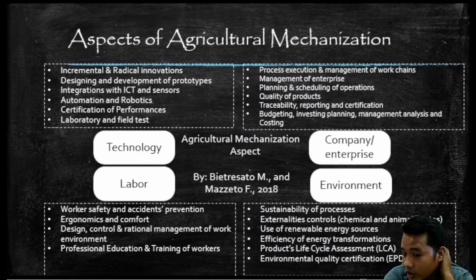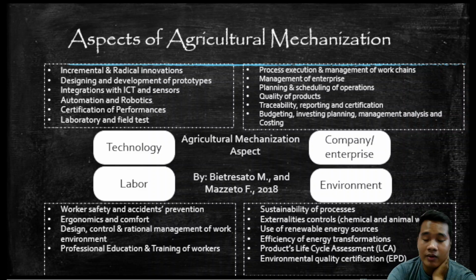Next is product life cycle assessment. Not a single machinery can live forever. There is a so-called product life cycle, and shelf life is actually part of this product life cycle assessment.